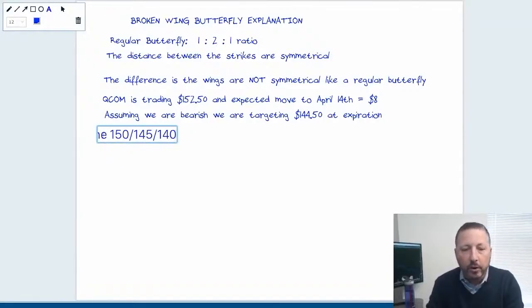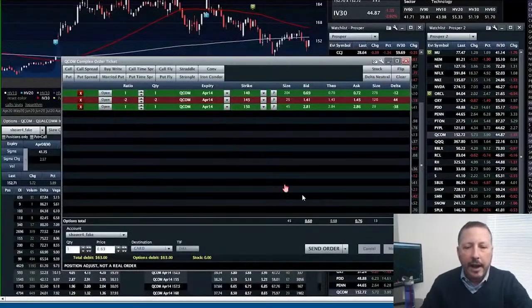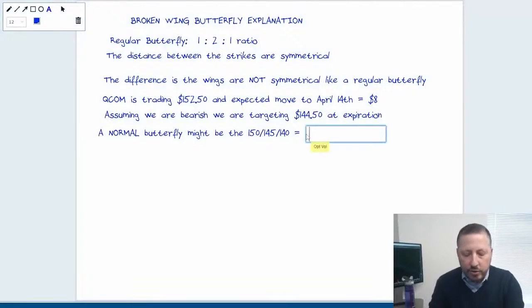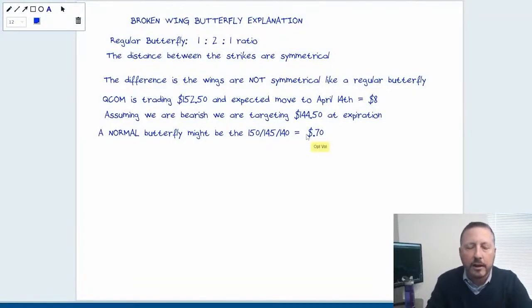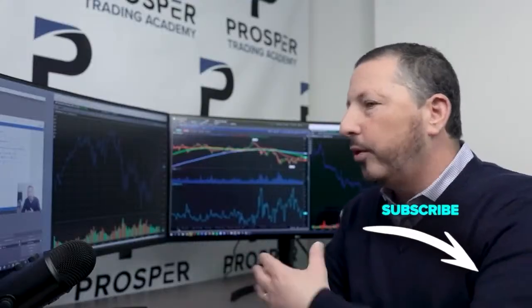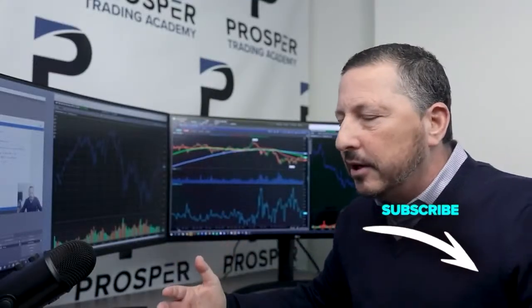We could do that for right around 70 cents. Again, we're trying to hit the nail on the head, pin the tail on the donkey, right? 145 being the optimal place. But let's say we're right that the stock goes down because we were bearish. What if the stock flies down through the lowest strike here? Then that spread could be worth zero.